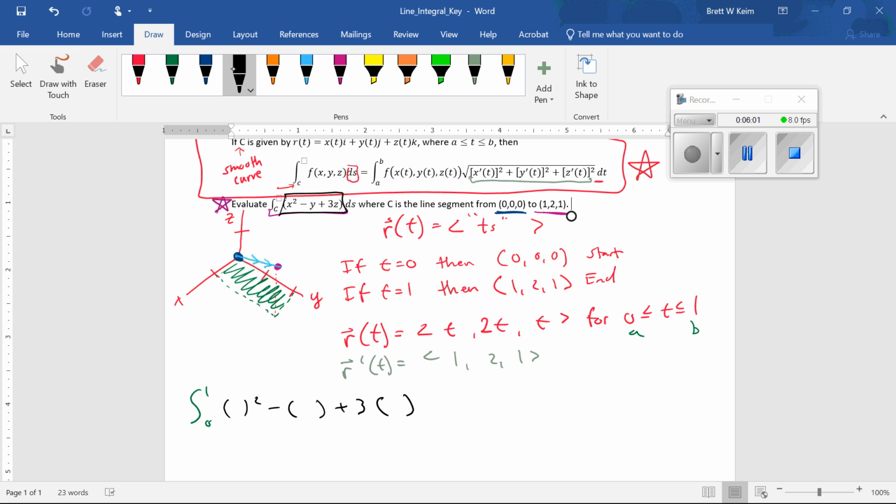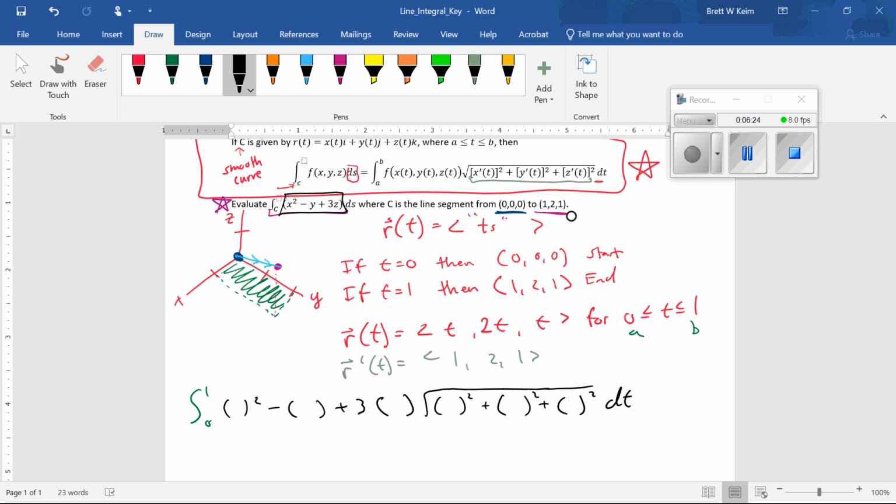Okay, and then if I'm converting this, I have to have the square root of my x prime squared plus my y prime squared plus my z prime, oh, I don't need a z, whatever z prime is, squared. And then this will be dt.